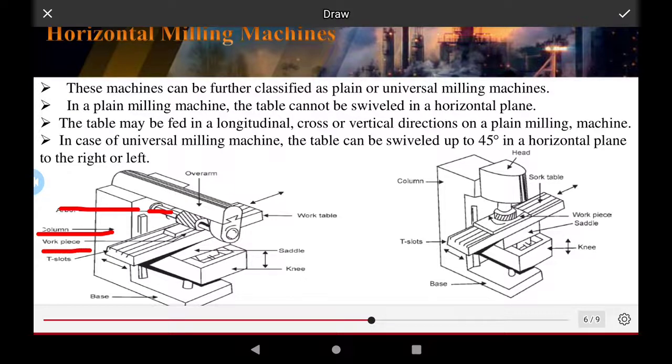This is the workpiece, and this is the tool arbor and the T-slot of the machine. This is the spindle of the machine, this is the knee of the table, and this is the base of the machine.